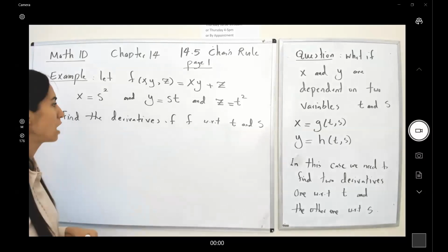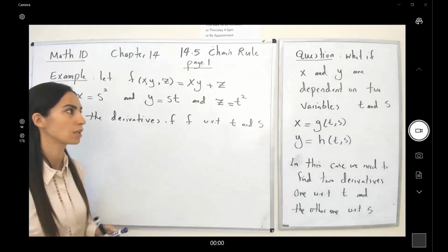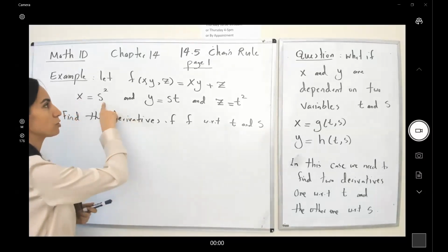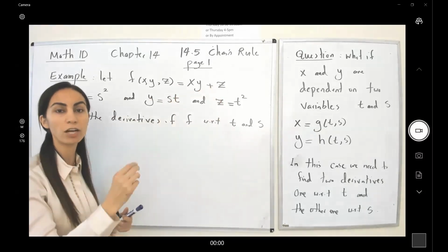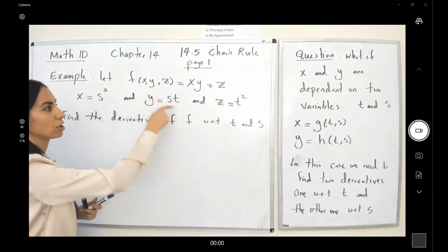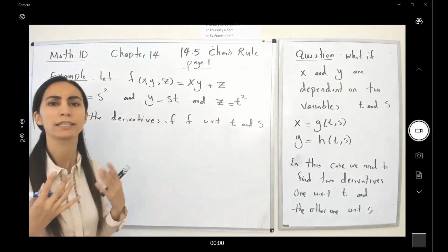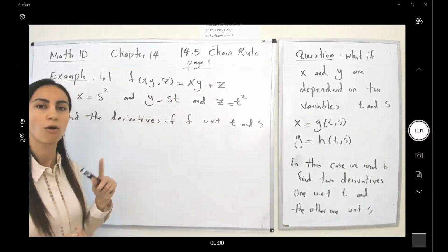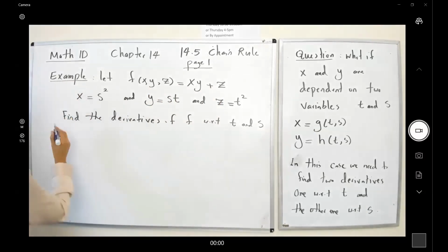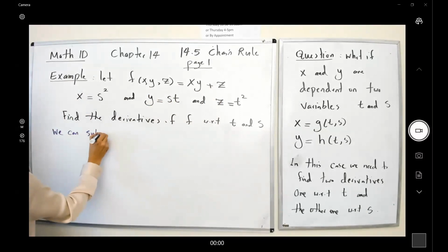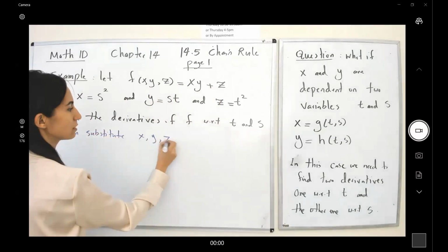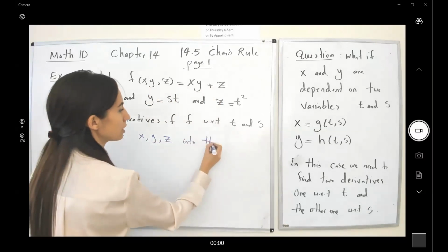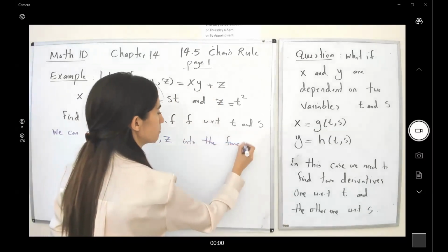Well, here you can say that first I'm going to substitute all of these and write the function as a function of s and t. I want to get rid of x, y, and z. We can substitute x, y, z into the function.